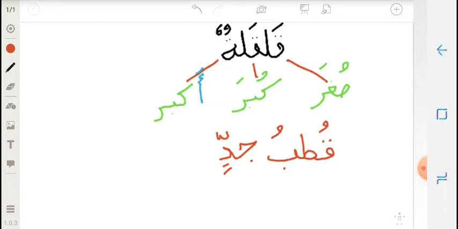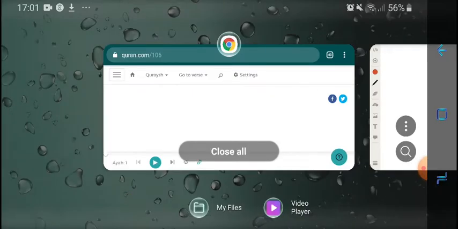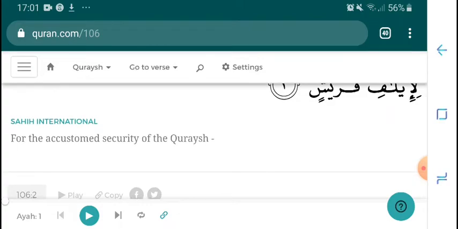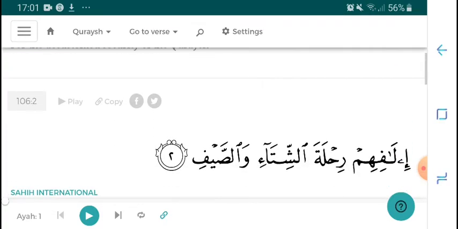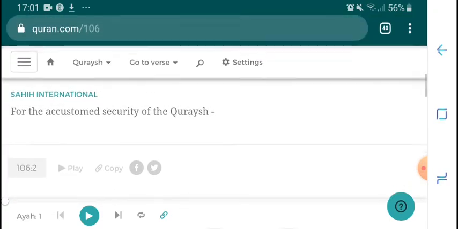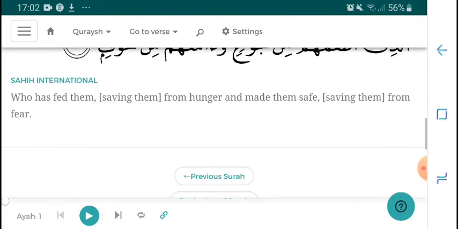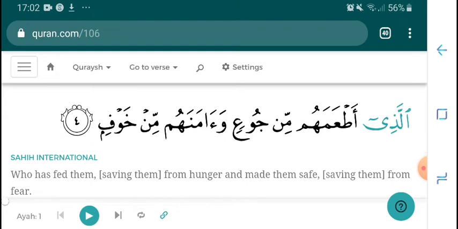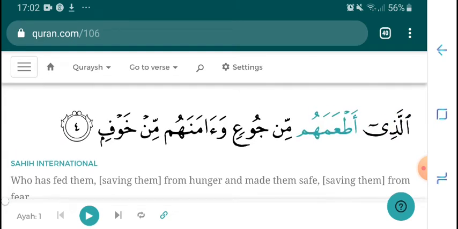So let me give you an example of this one here, Qalqalah Sughra. If we go to the Quran and we go to Suratul Quraysh, on the last ayah we have Alladhi At'amahum. Now the ta produces a very light echo. At'amahum. Why? Because it's in the middle of a word.